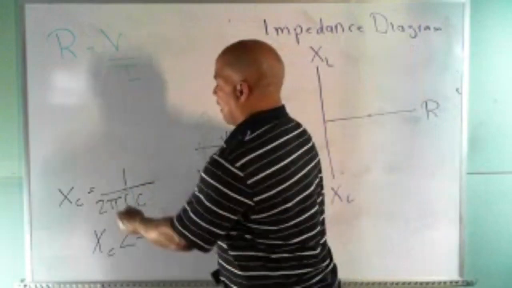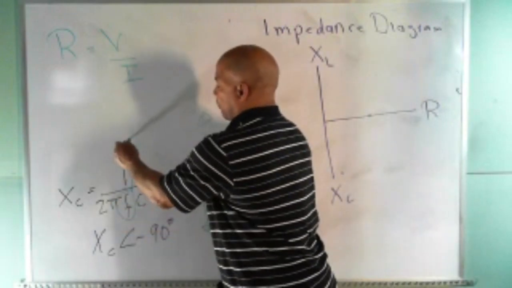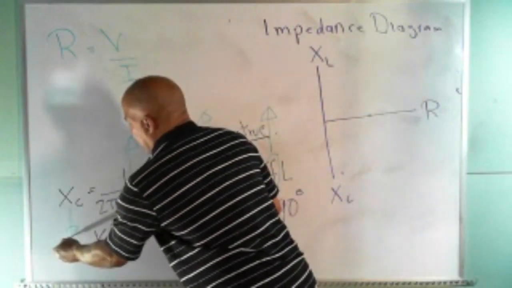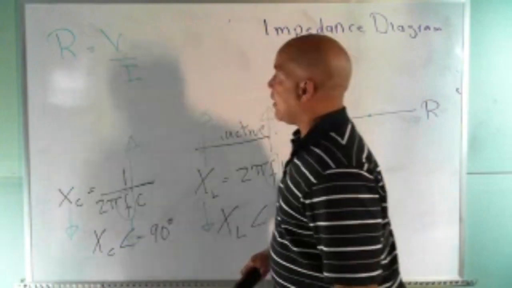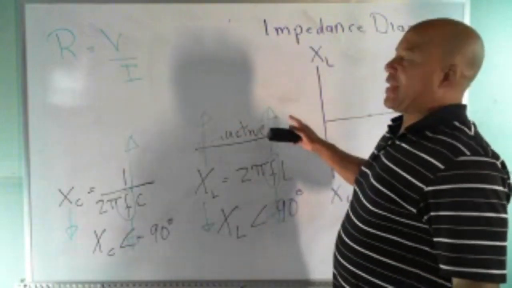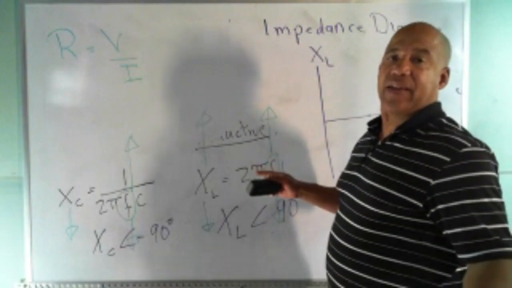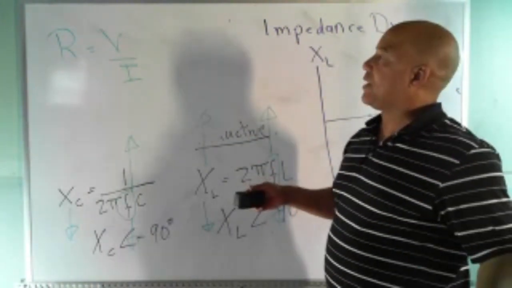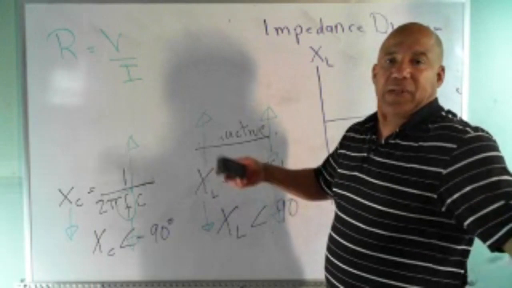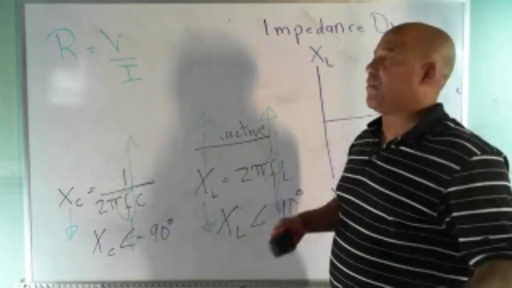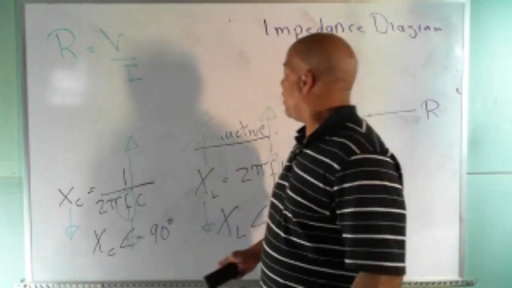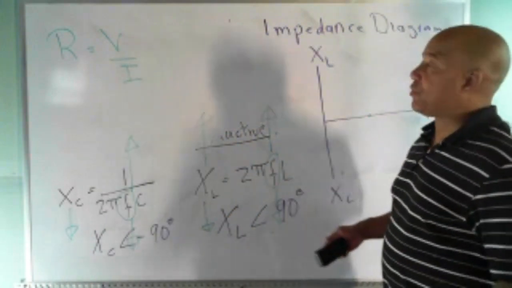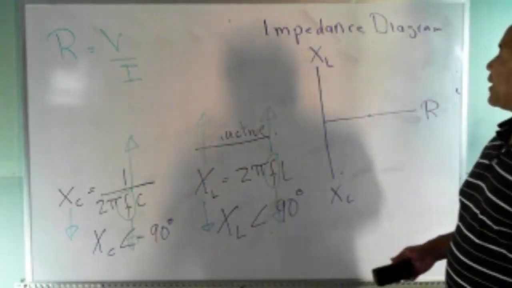Here's the opposite. Here, if I increase the frequency, this opposition goes down. If I decrease the frequency, this opposition goes up. So XL and XC are ohms whose value is frequency dependent. If I vary the frequency, I'm going to vary the ohmic value of XL and XC. So that word react and reactance, you can think of it like that.